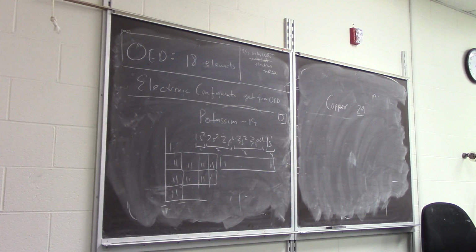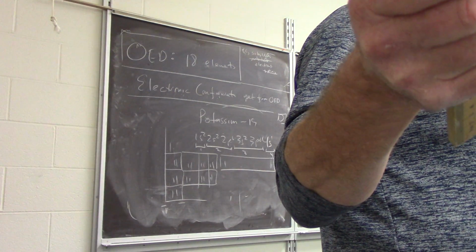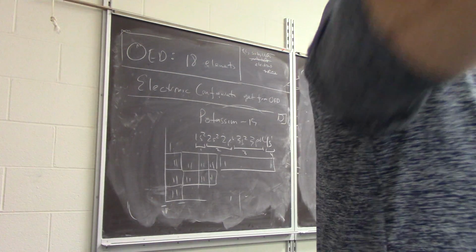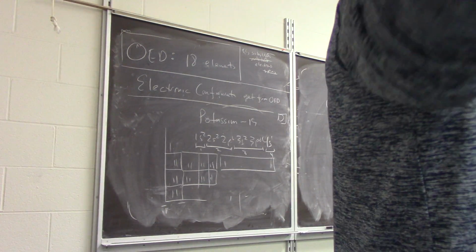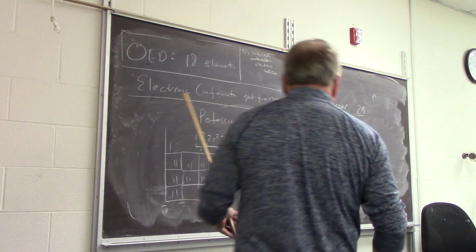So copper, where is copper found? Where is this guy right here? Well, it's in the 3D's. And it's 9 over? 1, 2, 3, 4, 7, 8. So 3D9.